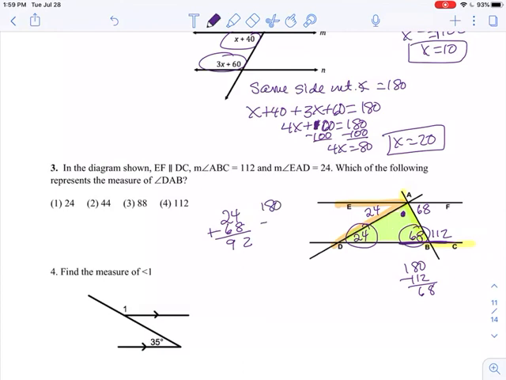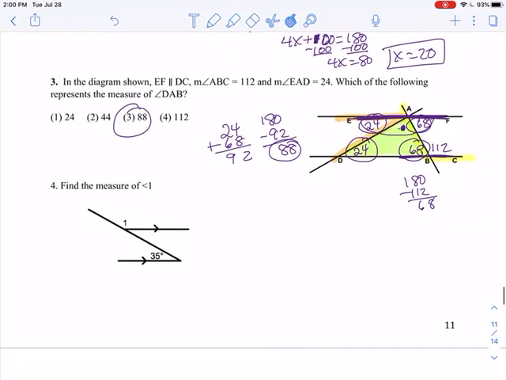The three angles of a triangle equal 180. So I add the two angles that I have already, and then I can find that missing angle right there. Another way to do this is that this is a line. So these three angles together, the 24, the missing one, and the 68, also have to equal 180. Angles that form a line have to equal 180.